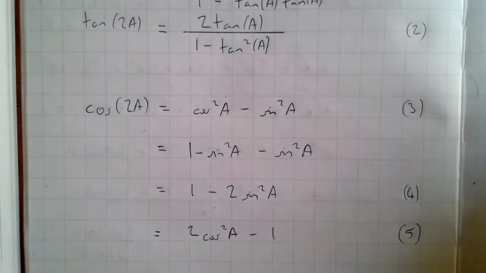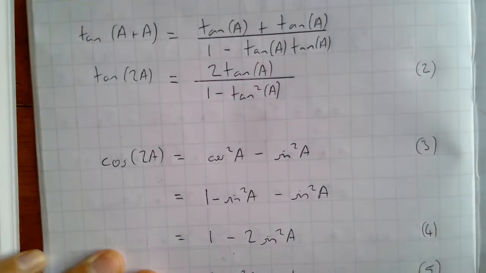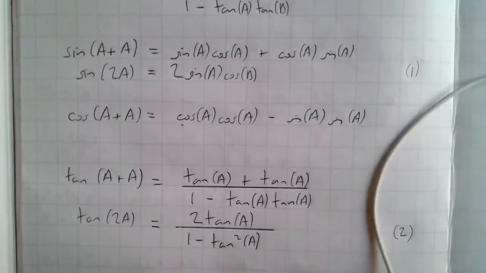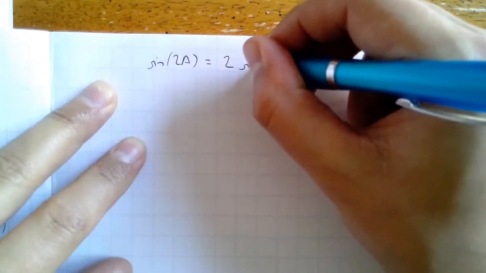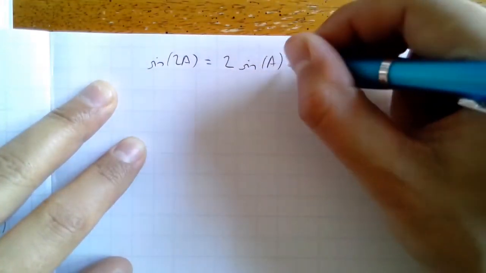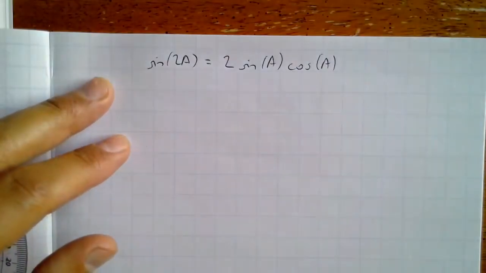Just a couple of things to mention before we go any further. Let's use the sine 2A one, for instance. Sine 2A is equal to 2 lots of sine A cos A. Quite often you'll end up seeing multiples of this.